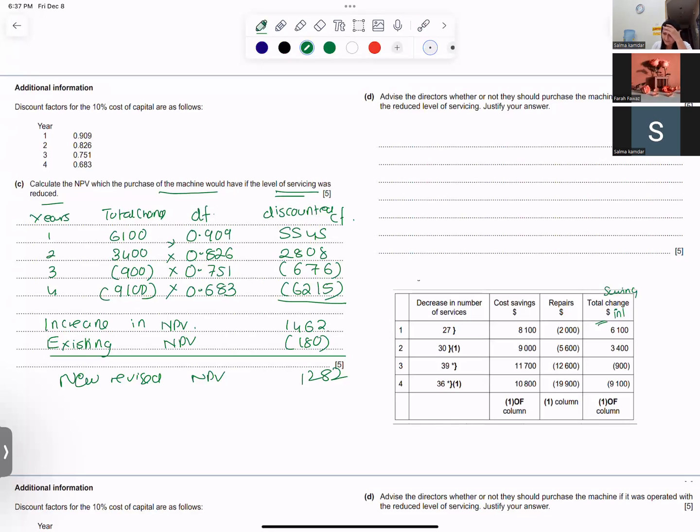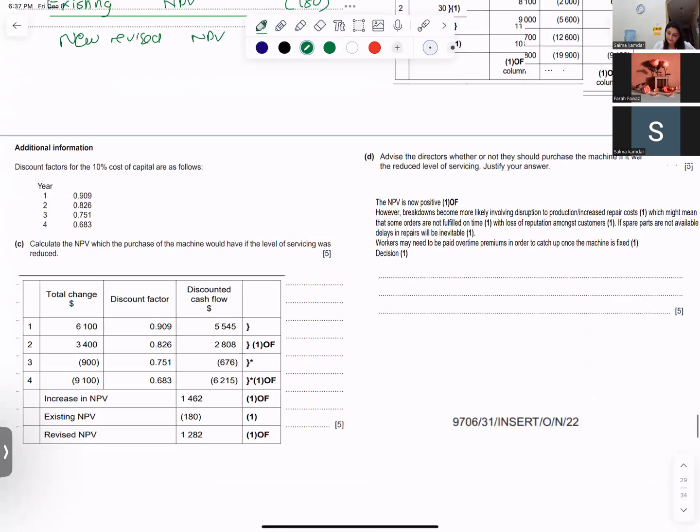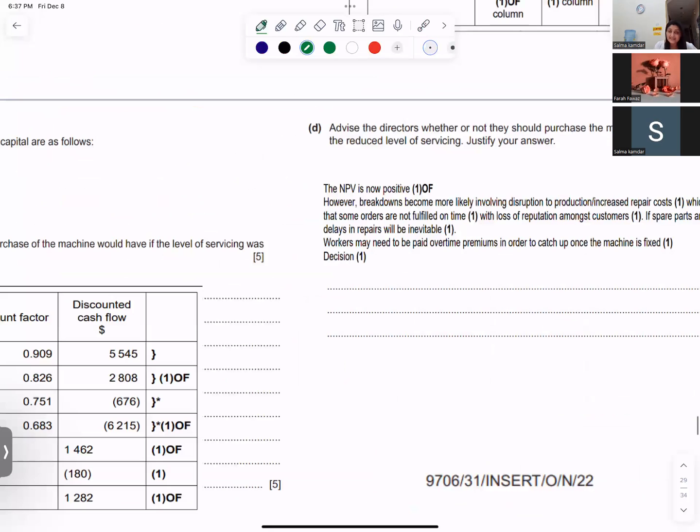Yes, miss. Advise the directors whether or not they should purchase the machinery if it operated with a reduced level of services. Can you tell me? The NPV is now positive.